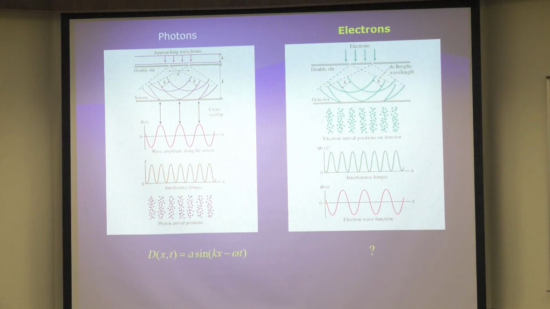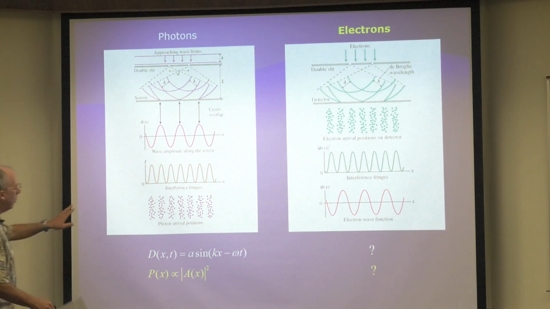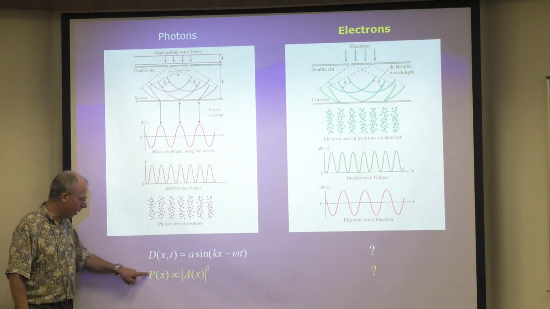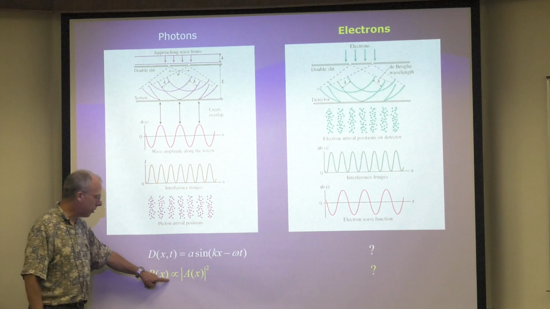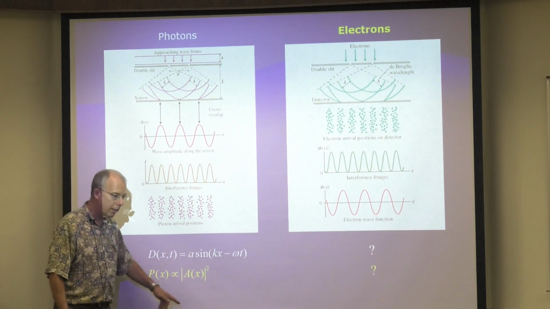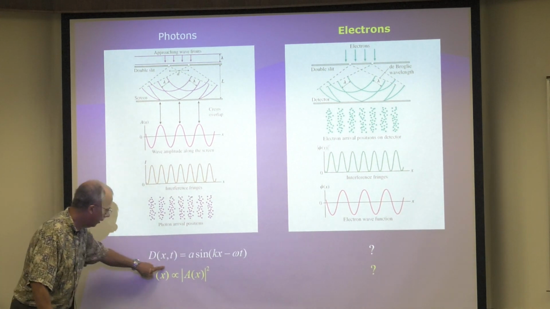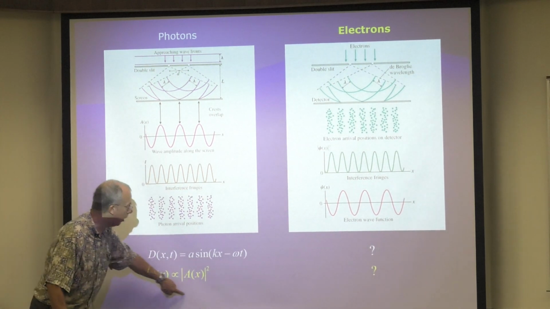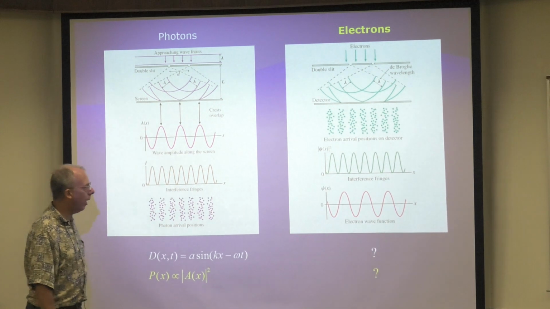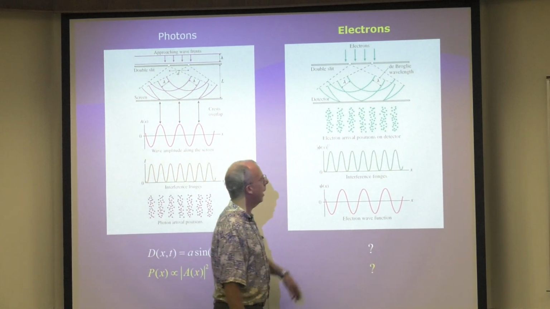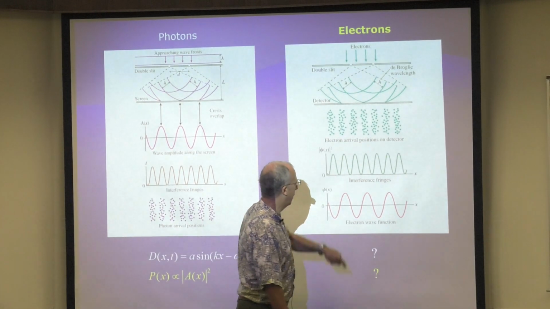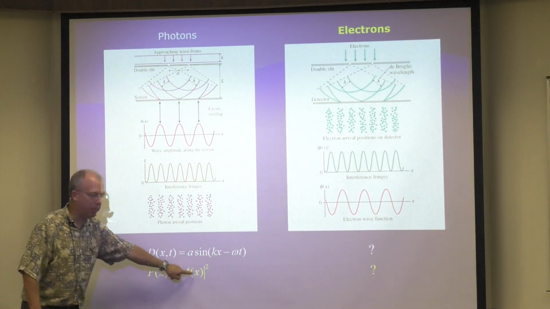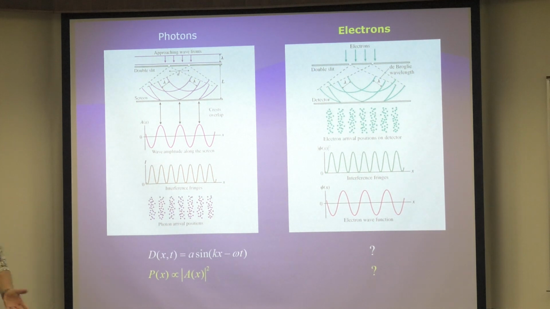And also, with photons, we had the probability density, which is the probability per length, proportional to the amplitude squared, right? So this was the particle model, that. This is the wave model, that. Well, with electrons, I see particles and I see waves. So, shouldn't I have something similar to this? Well, yeah.